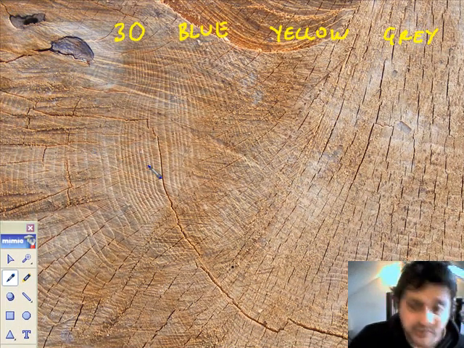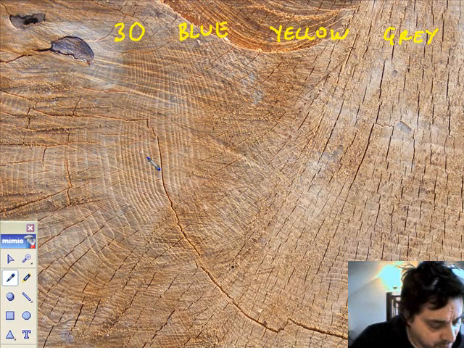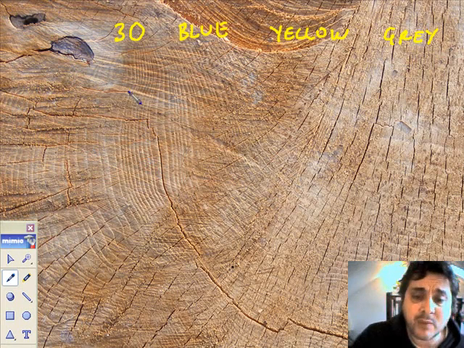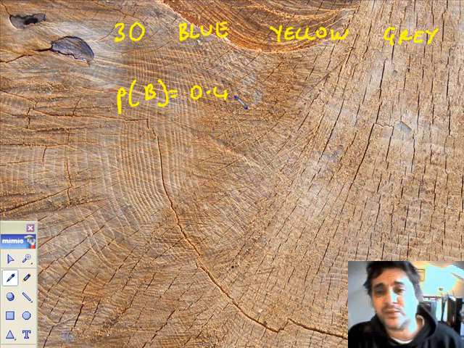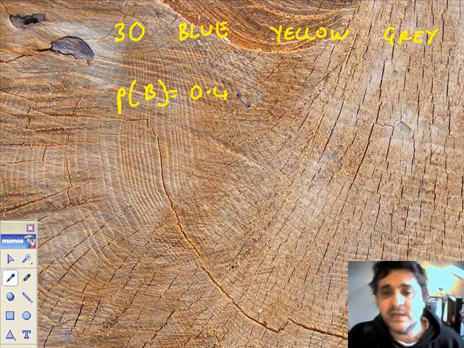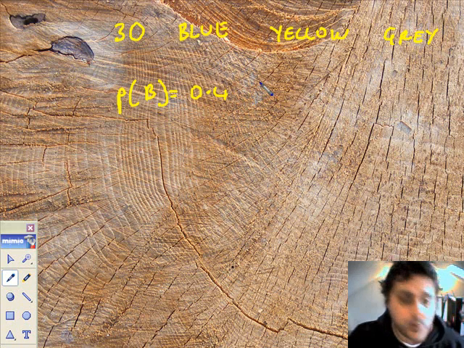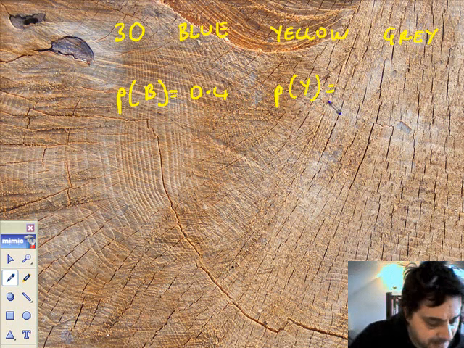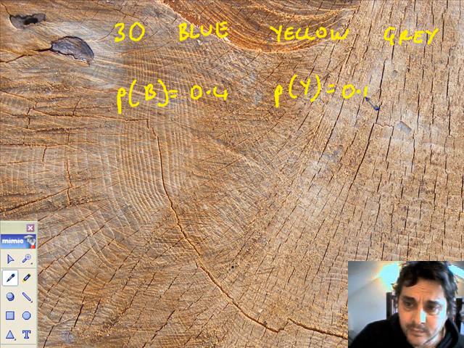Anyway, Jack's got 30 marbles, blues, yellows and greys all mixed up there. He picks a marble at random. The probability of a blue marble is 0.4. That could be 4/10 or 2/5 or 40%, but stick to decimals, that's what we've got in the question. The probability of the yellow is 0.1.